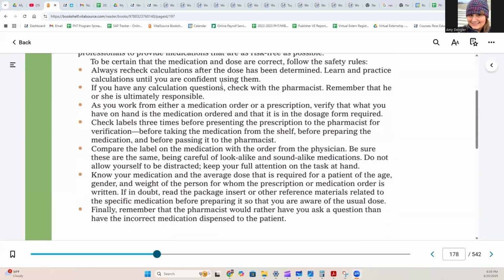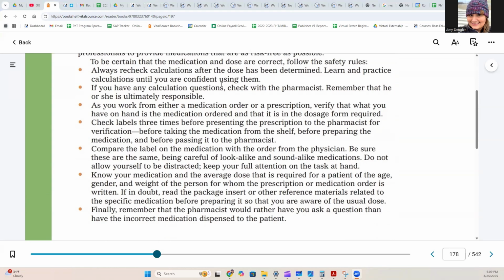To be certain that the medication and the dose are correct, follow the safety rules. Always recheck calculations after the dose has been determined. Learn and practice calculations until you are confident using them. If you have any calculation questions, check with the pharmacist. Remember that he or she is ultimately responsible.